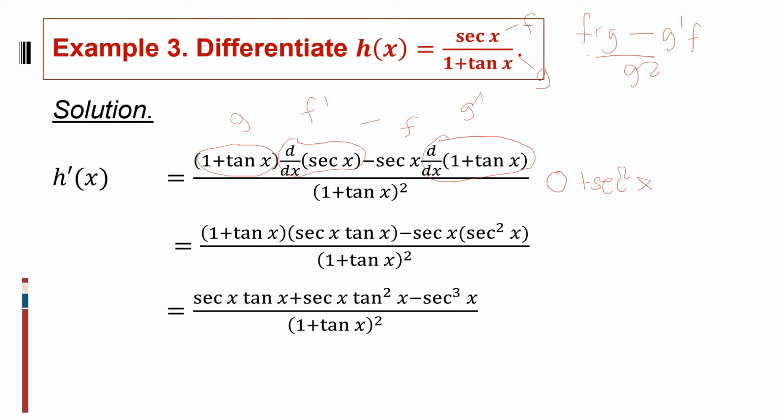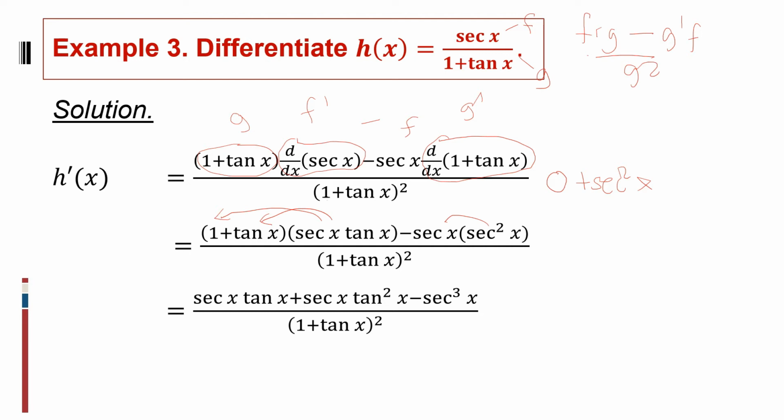Or that is, okay, distribute natin to dito. So we have secant x tan x plus secant x tan squared x. Minus, eto naman, pag multiplyin natin, we have secant cube x all over 1 plus tangent x squared.